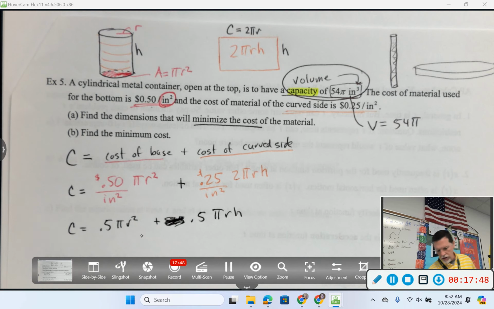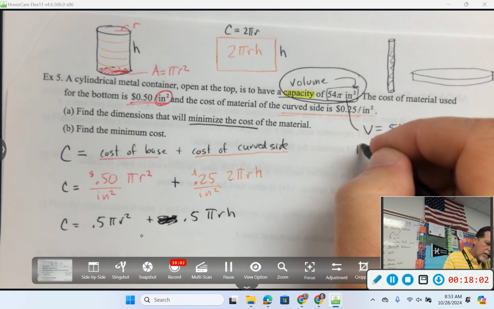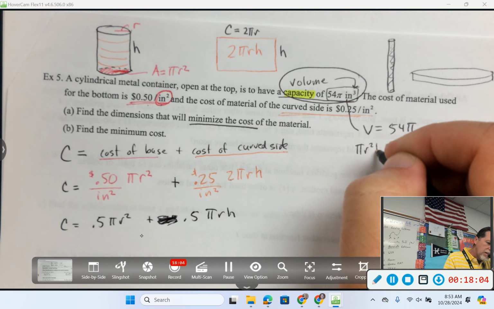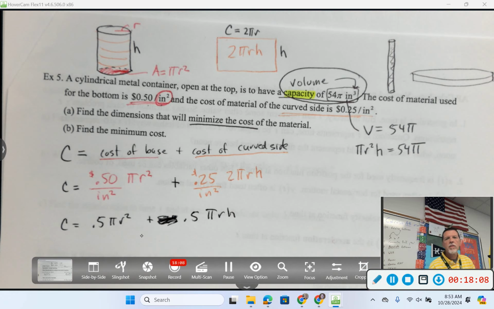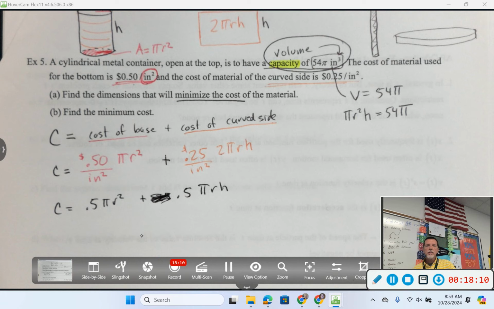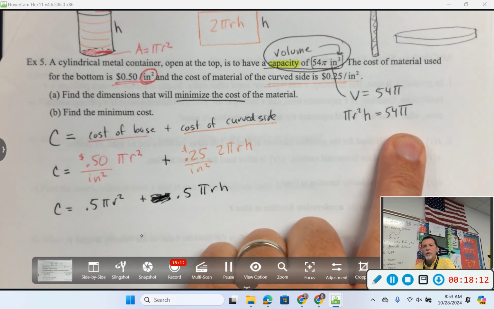How about the volume of my can? The volume of a cylinder? Let's see, area of the base times the height. So pi r squared times h. So that'll be my secondary equation, my helper equation.